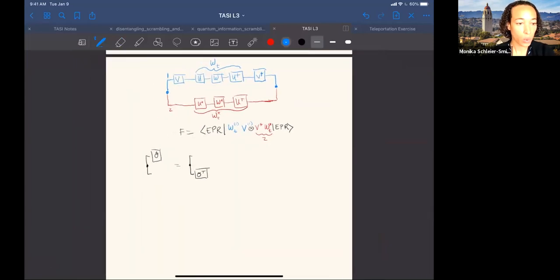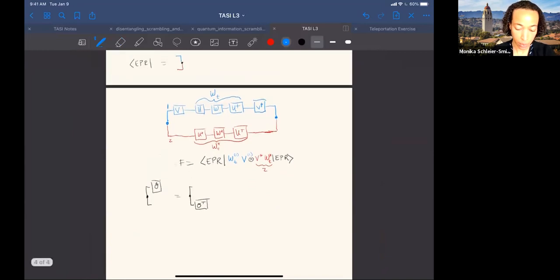Okay, and so this actually tells us that if I can prepare, for example, let's draw a little box around this. If I could prepare this state, which means if I can prepare a state, let's call it psi prime, that involves applying V and U to one half of my system, one copy of my system, and applying U star to the other copy of my system.